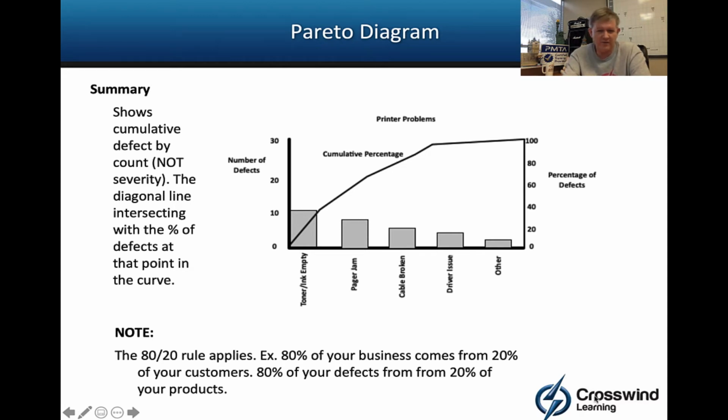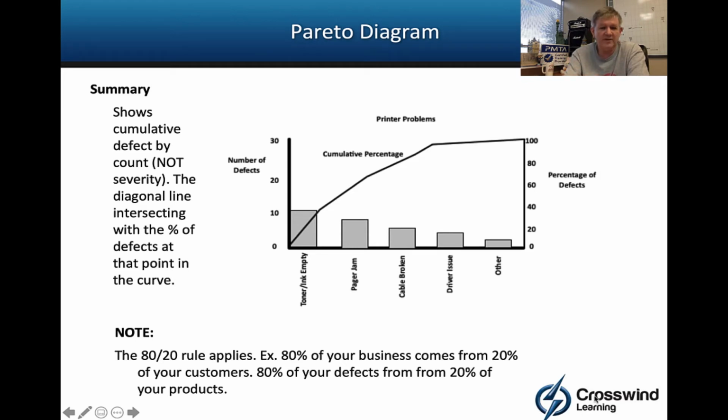And then if you had paper jam or something, there's a little bit of an arc there where if that line started at the height that toner ink empty stopped at, as if it was stacked on top of it but moved over, the top right corner of that second bar would be there.